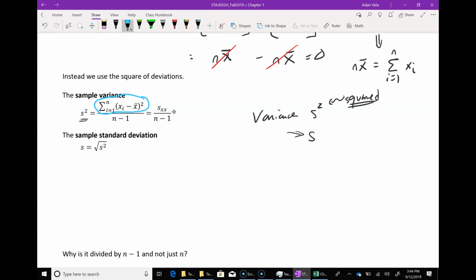And so at some point, if you keep using the same equation over and over again, you define it. So in our case, we're going to define this SXX to be the sum of the squares of the deviations.